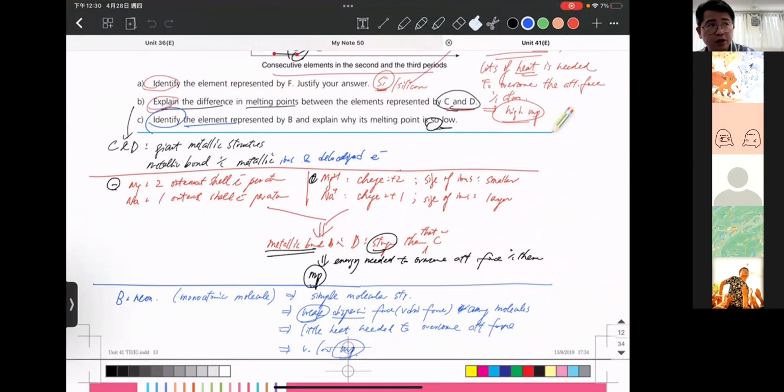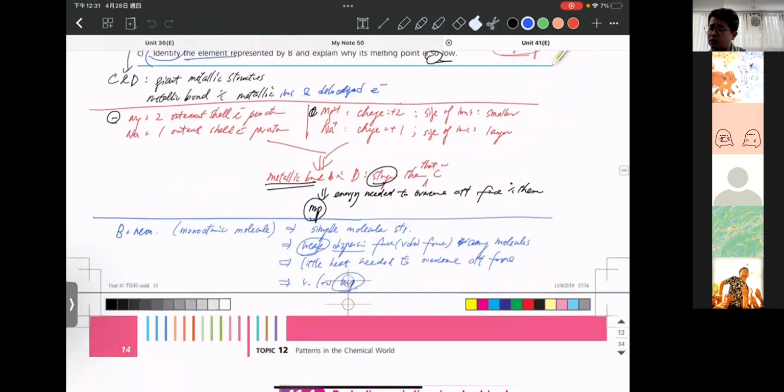So remember, mention what are the particles involved, what are the electrostatic forces between them, and most importantly, how all those factors we have mentioned affect the strength of those electrostatic forces. This will also affect our physical property. So this is our flow, with a recap of what you have learned.